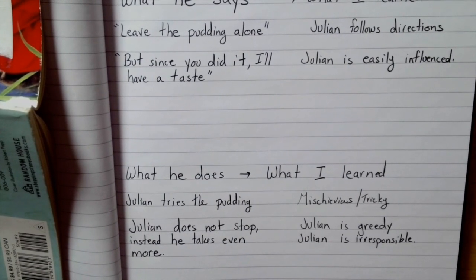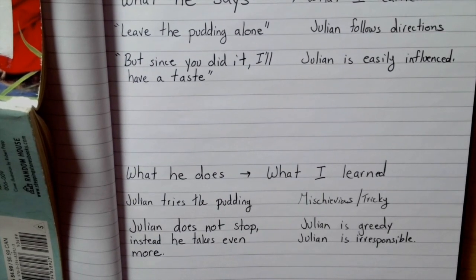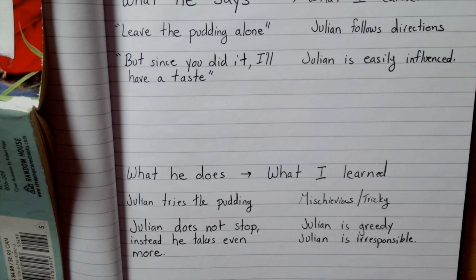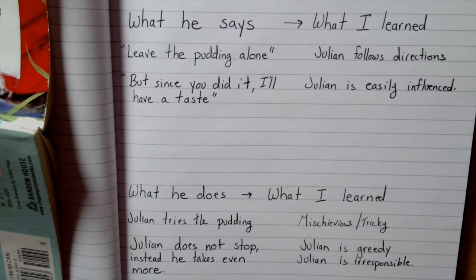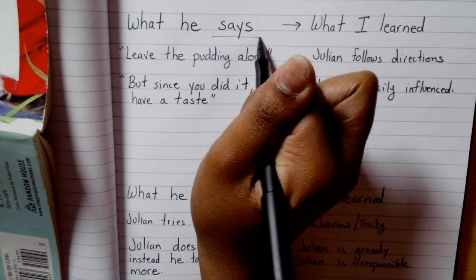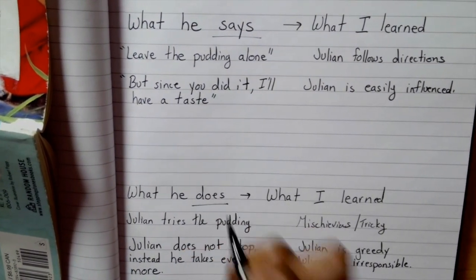You don't just want to give a theory, you actually want to be able to back it up. That's why it is super important as you're reading to collect information. So again, one strategy that you can use is to focus on what the character says and what the character does.